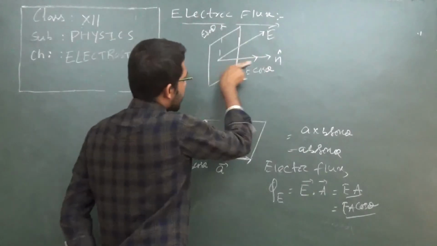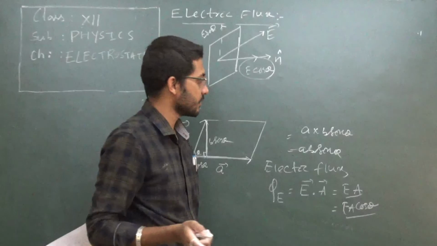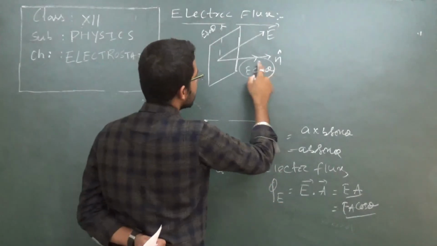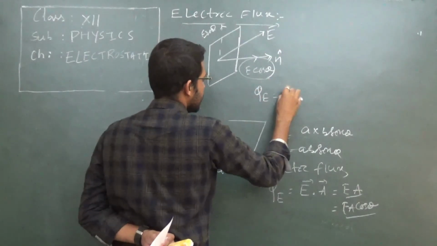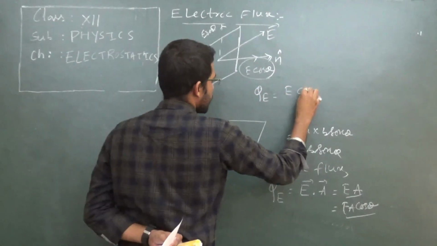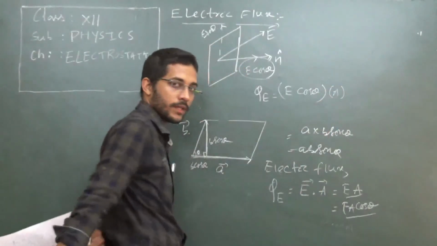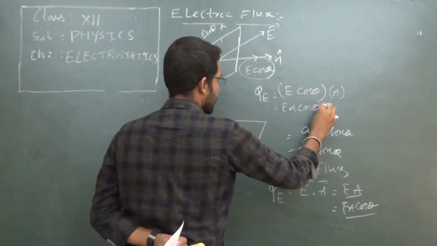The area vector and the E cos theta component are parallel to each other. So when talking about electric flux, this is the area vector, and your flux phi E is equal to E cos theta times the area. That's why we get EA cos theta.